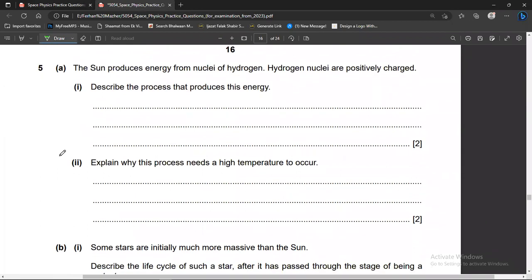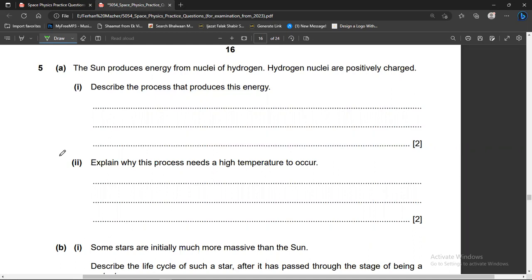It says the sun produces energy from nuclei of hydrogen. Hydrogen nuclei are positively charged. Describe the process that produces this energy. You see, in the process which is happening, the hydrogen nuclei come close to each other, and this is called nuclear fusion.